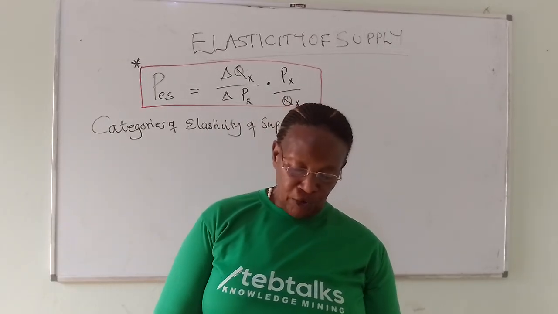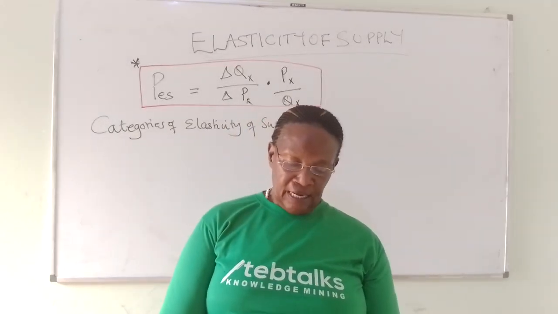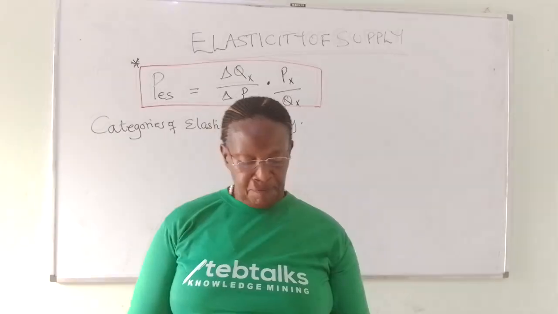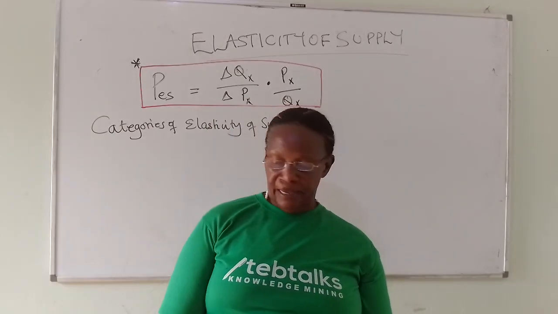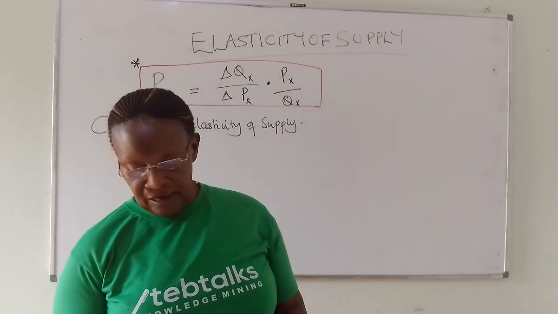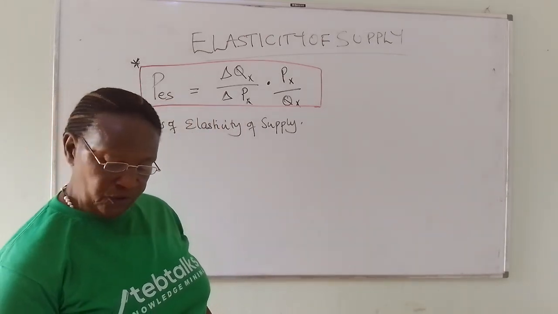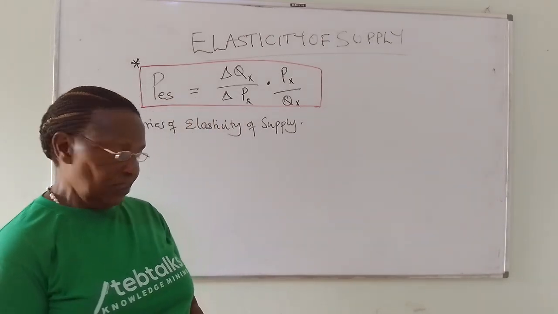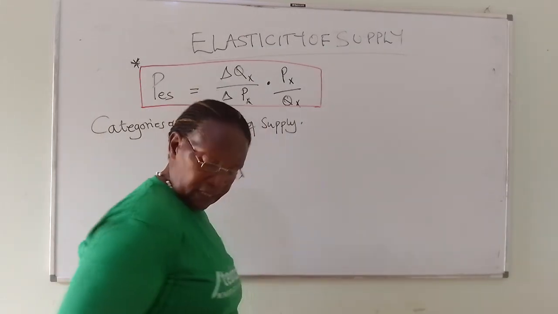Elastic supply is where a very small percentage change in price leads to a big percentage change in the quantity supplied, and usually the calculated value is greater than 1. We saw that we don't have any kind of negative values. Our values are either greater than 1 or less than 1, but not negative.